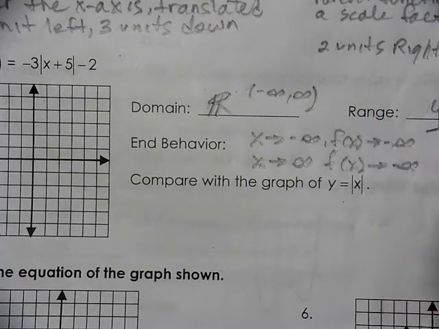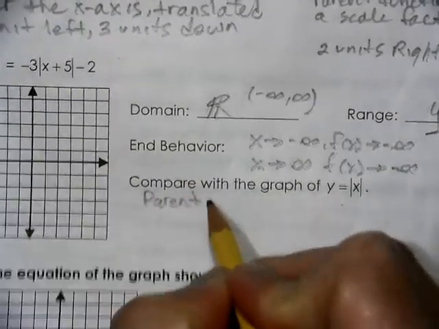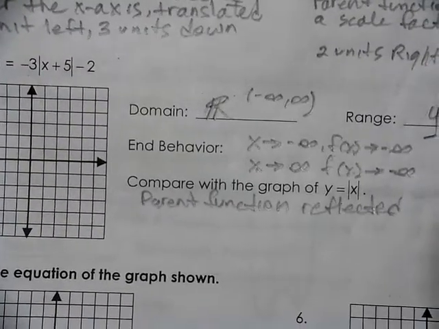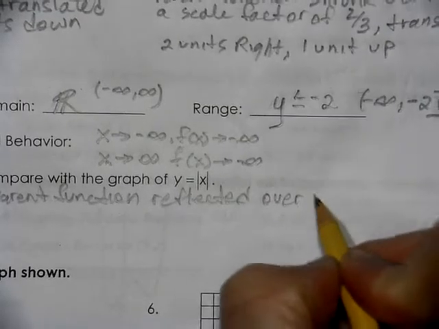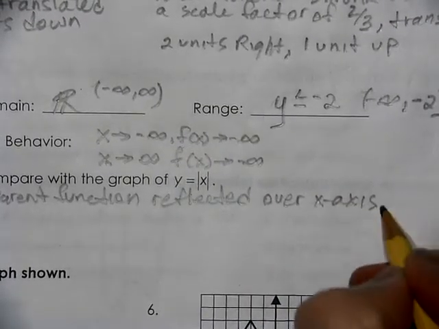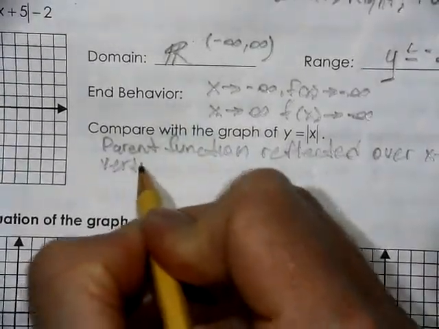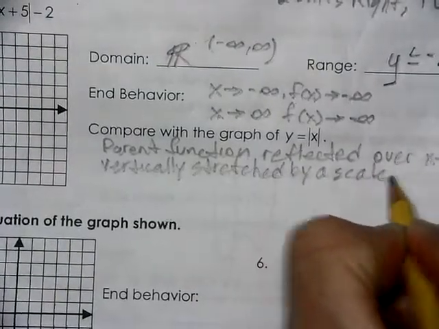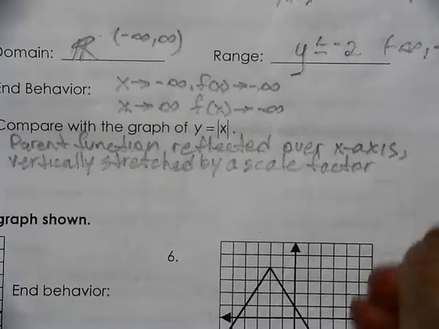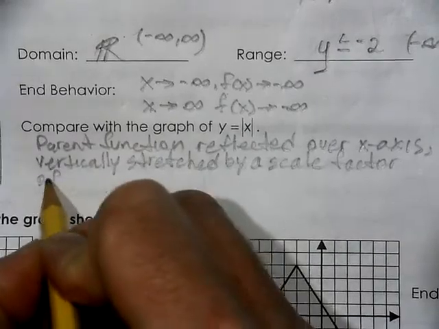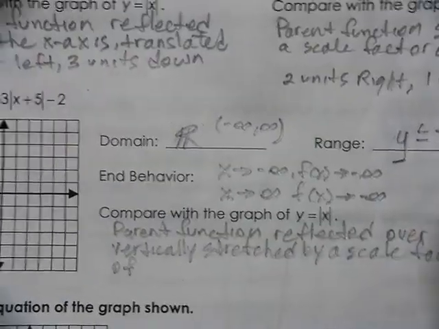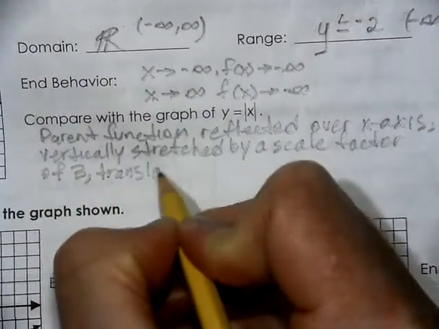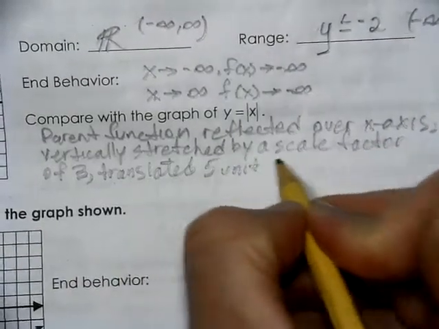The comparison to the parent function. The parent function was reflected over the x-axis, vertically stretched by a scale factor of 3 and translated 5 units left.